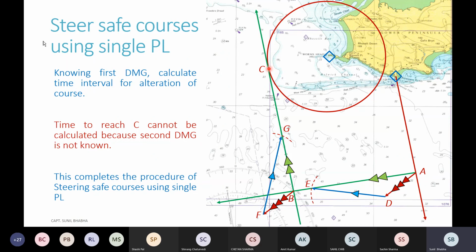So even in a restricted visibility kind of situation, when there is no position fixing or position line available to us, we can follow these courses and we can rest assured that these courses will be safe and the vessel will reach to the required destination position. So this completes our procedure of steering the safe courses using a single PL.